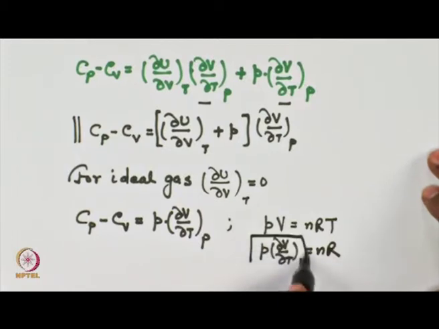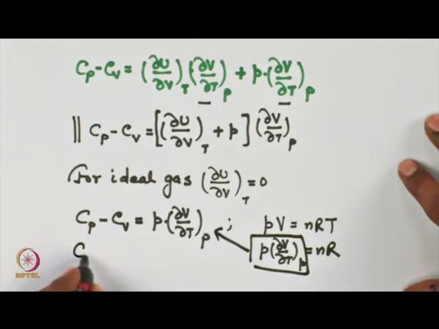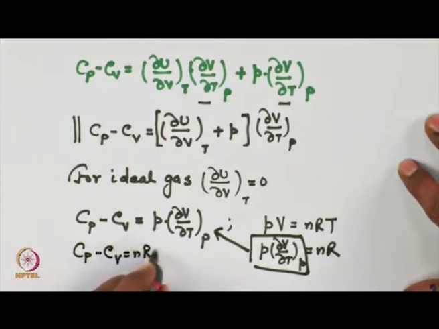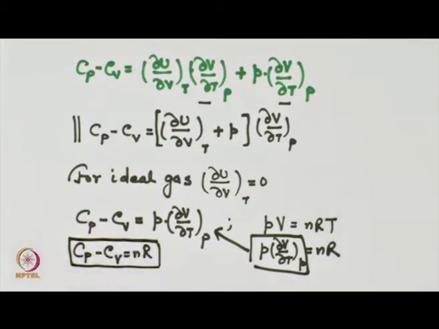And this I can substitute over here. Once you substitute, you get Cp minus Cv is equal to nR. This is the equation that is applicable to an ideal gas. And this is the most widely given answer when someone is asked, what is Cp minus Cv? For ideal gases, it is equal to nR.